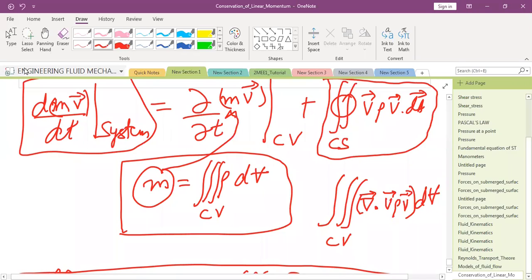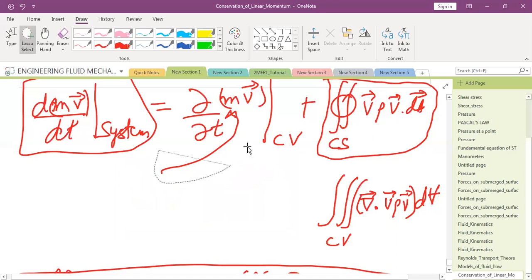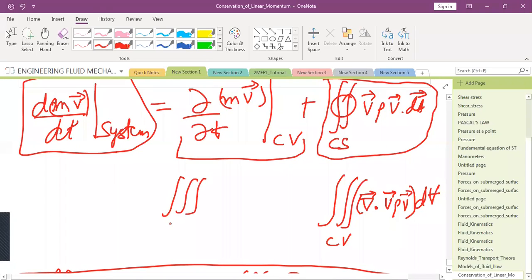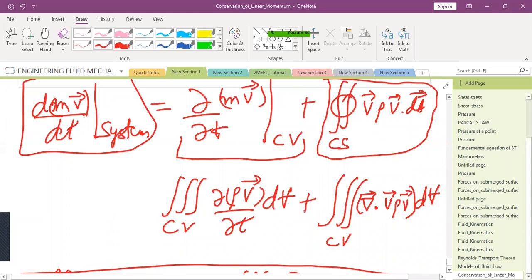And what about this term? I am writing down this term as a combined term now. So this term can be written down as, what should I write down? Triple integral over the control volume of curly rho v by curly t dV. So this becomes equal to d(mv) by dt of the system.